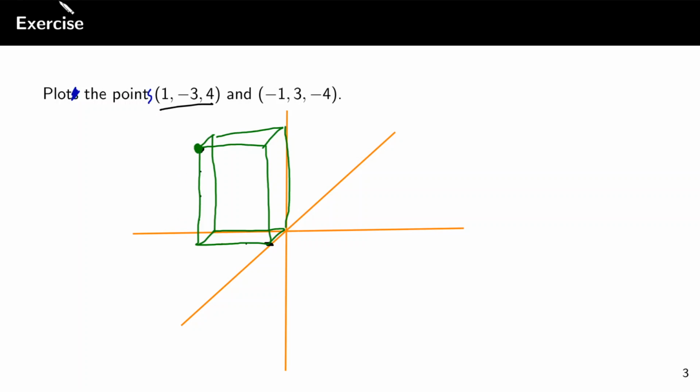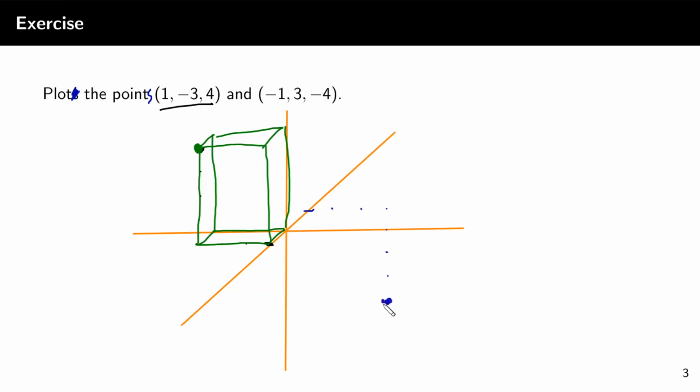So locate natin yung next point natin. -1, 3, -4. So negative yung x coordinate natin. So 1 unit papunta dun sa negative side ng x-axis. So ito yun, 1 unit. And then 3 units towards the right. So 1, 2, 3. And then -4 yung z coordinate. So 4 units pababa. 1, 2, 3, 4.